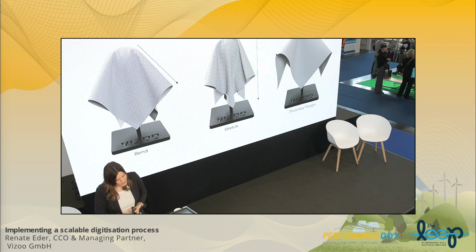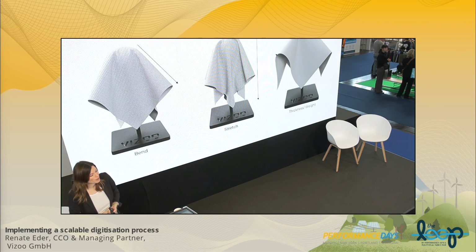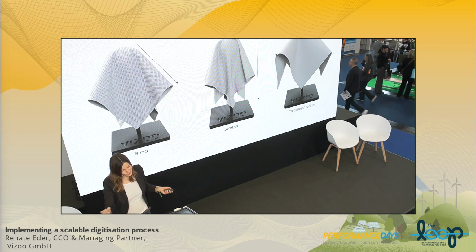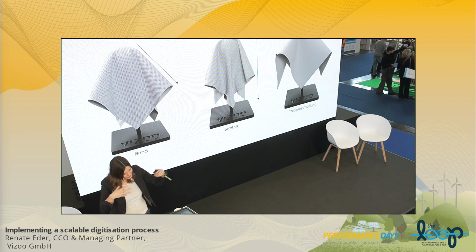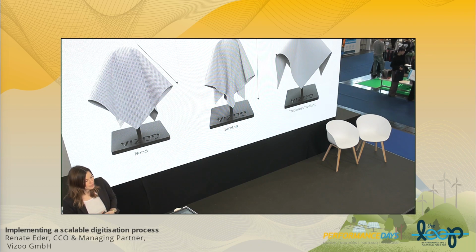From a physical standpoint, so these physical material properties, that's not the extensive list, but basically we can consider the bend, the stretch, the thickness and weight of a fabric, which is needed to describe the behavior of a fabric in a 3D simulation tool.